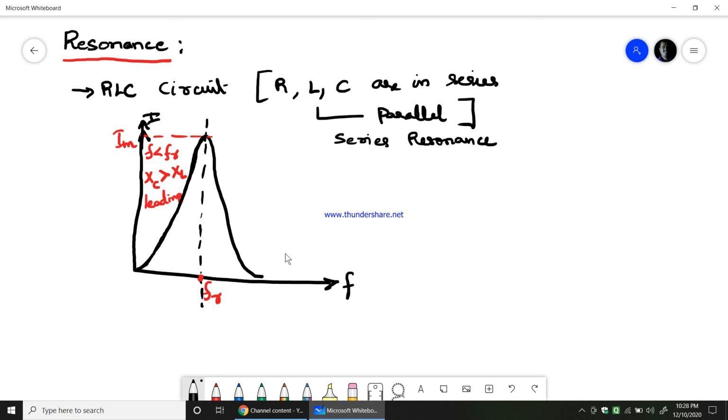As soon as Fr is reached, at that resonant frequency we see a maximum current peak.